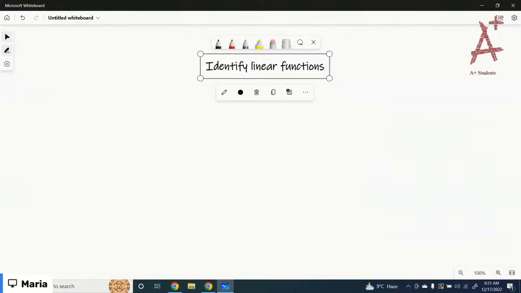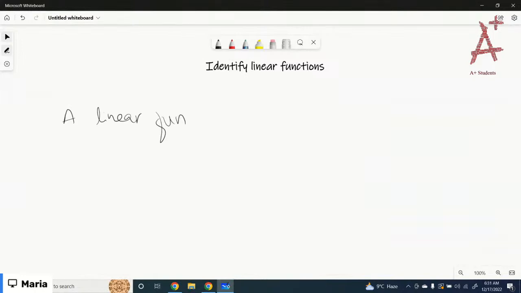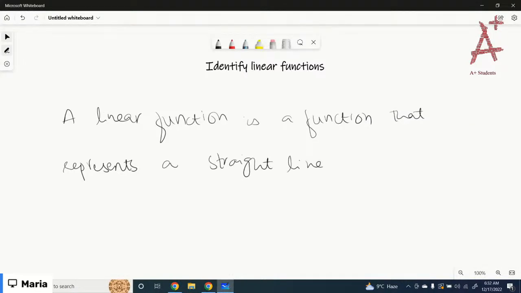So, a linear function is a function that represents a straight line on the coordinate plane. Got it?